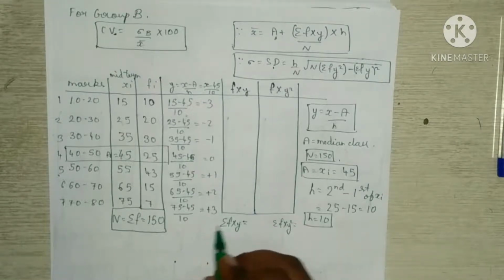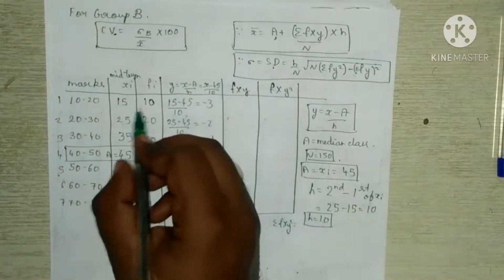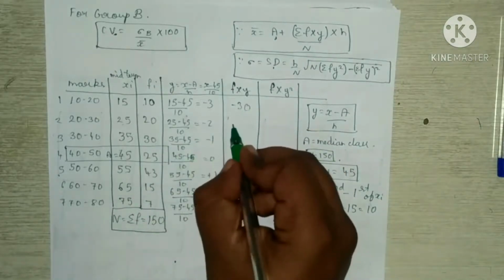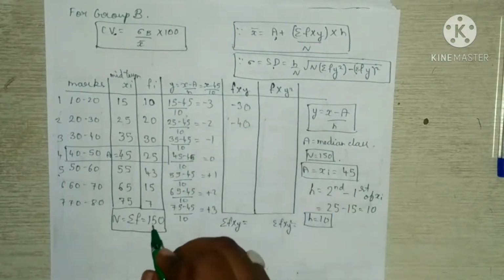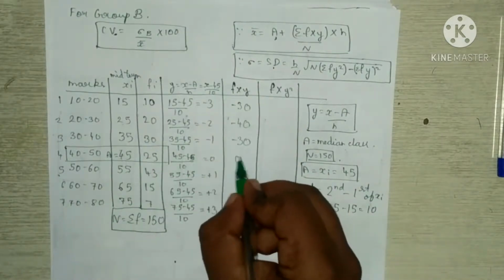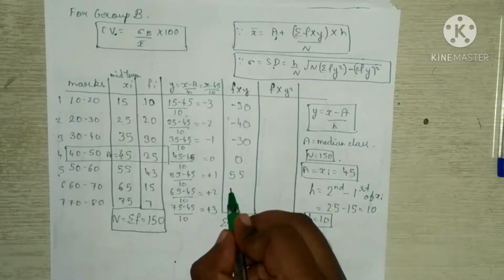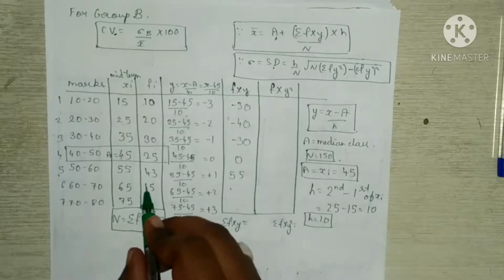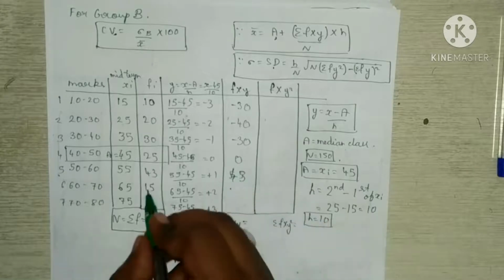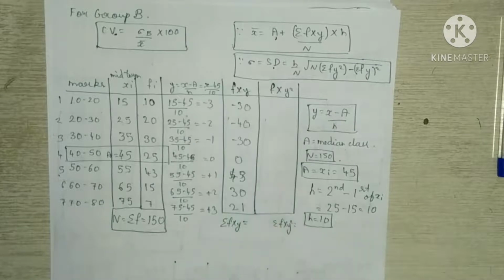Okay, you need to find summation f into y. Multiply frequency and y term. 10 into minus 3 is minus 30. 20 into minus 2 is minus 40. 30 into minus 1 is minus 30. 25 into 0 is 0. 43 into 1 is 43. 15 into 2 is 30. 7 into 3 is 21.